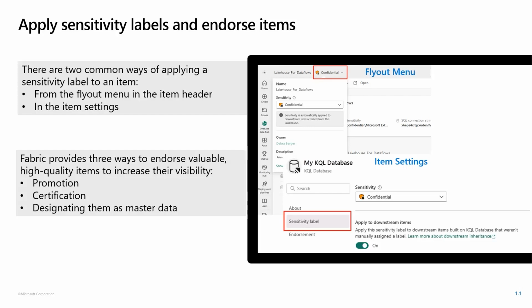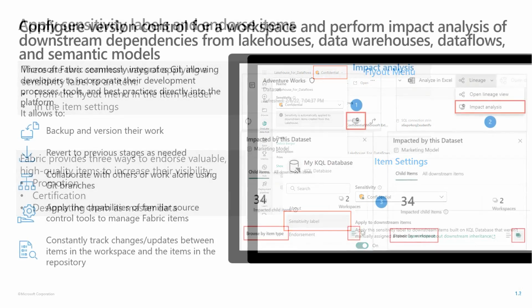Anyone who has right permissions on that item can promote it. And remember, only authorized viewers can certify items or can label data items as master data. To promote, certify, or designate an item as master data, go into the settings of the content and select it. Please review these areas for the exam.